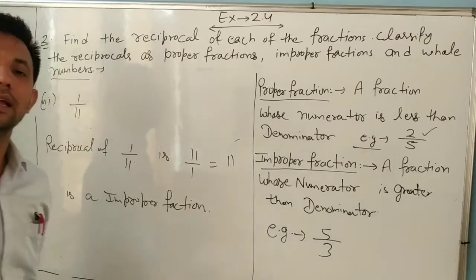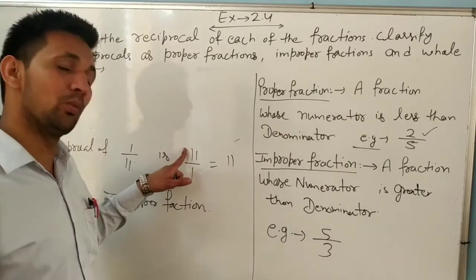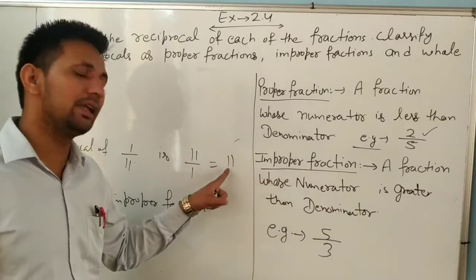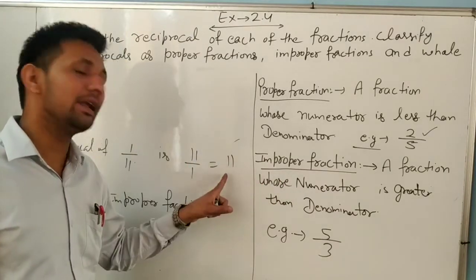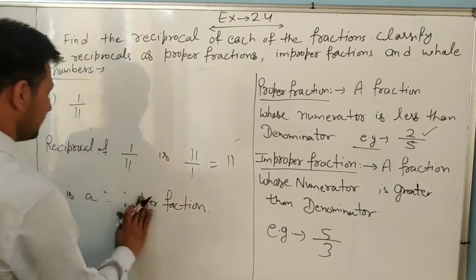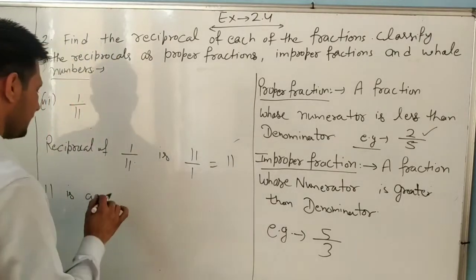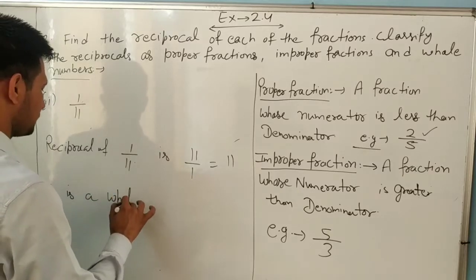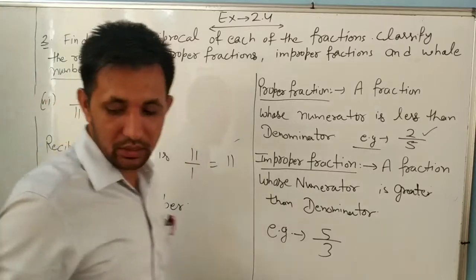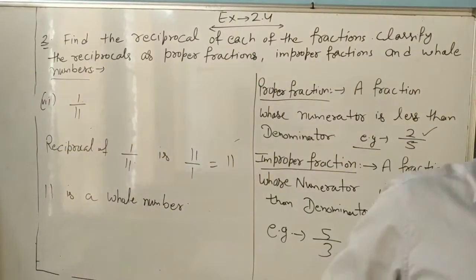And tell me, don't say that 11 has numerator greater than denominator so it's improper. No. 11 divided by 1 is 11, and 11 is a whole number. Okay.